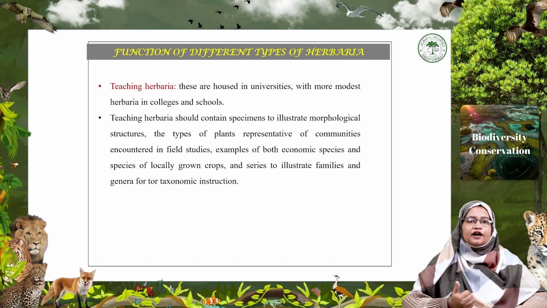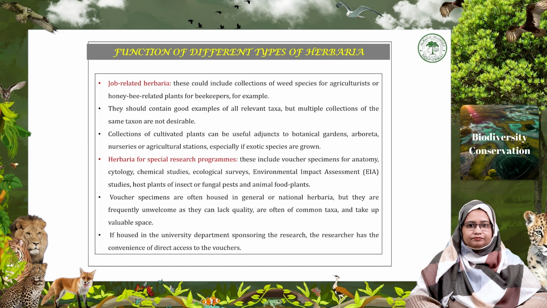If we have a herbarium of that particular plant that flowers in winter, we can show the students this is the morphology of that particular plant, and this is the identical plant. This is quite helpful for the student, because although that particular plant is not originally present, we can show it in the form of preserved material. So that is very helpful for the student to identify that type of plant.